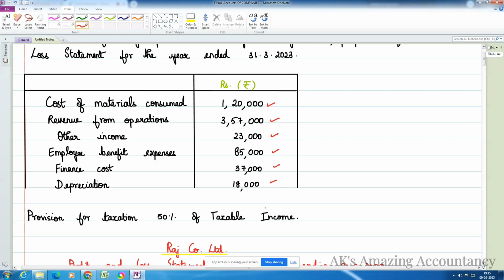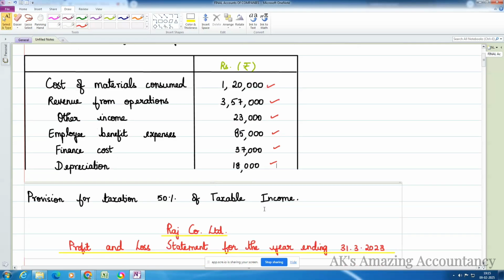So let us proceed straight away with the statement of profit and loss. One important thing to remember while working out this answer is that we don't call it a profit and loss account, we call it a statement of profit and loss. So it's not going to have any debit side, credit side and all that. It is going to have only a statement form.